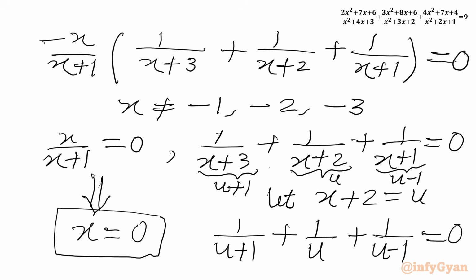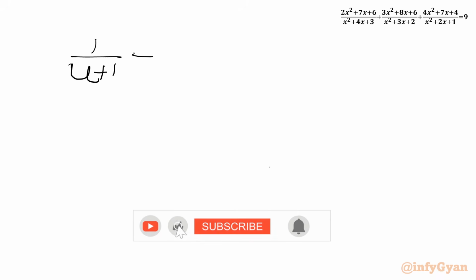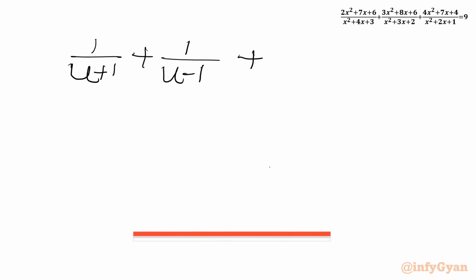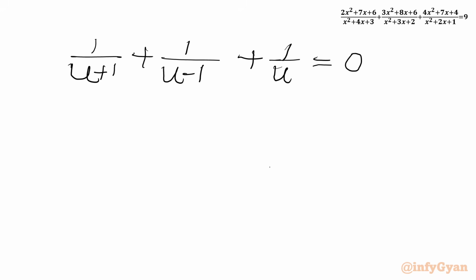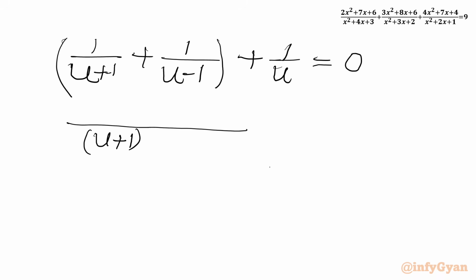Now we will club the first and last term together. So we will write 1 over u plus 1 plus 1 over u minus 1 plus 1 over u equal to 0. Now we can take LCM over here. So a plus b times a minus b will be there in the denominator, u plus 1 times u minus 1.